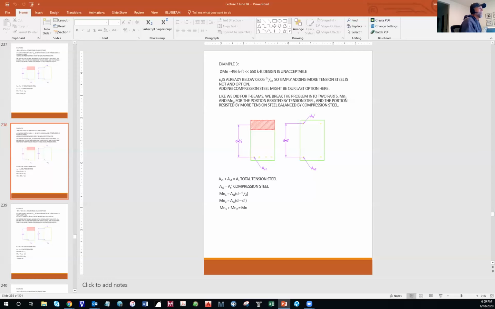You're not going to make that beam shallower. You're just going to use less steel. So do the larger one first, find how deep the beam has to be, and then use that depth to design the other one. Does that make sense? Okay.